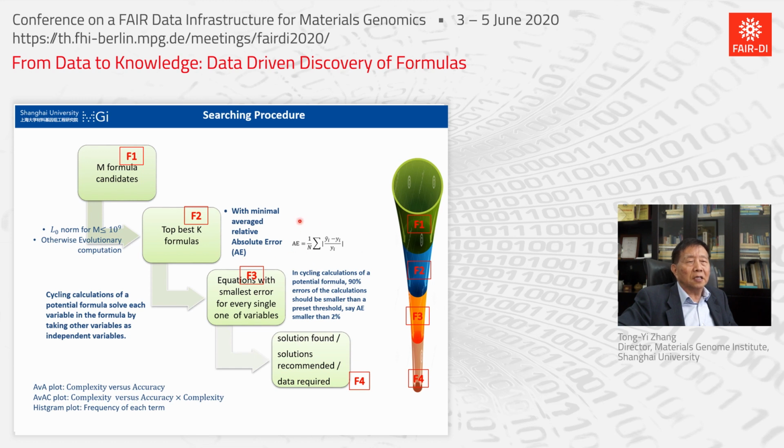That is to evaluate whether your formula is good or not. Then we conduct a second calculation for a potential formula: solve for each variable in the formula by taking the other variables as independent variables.